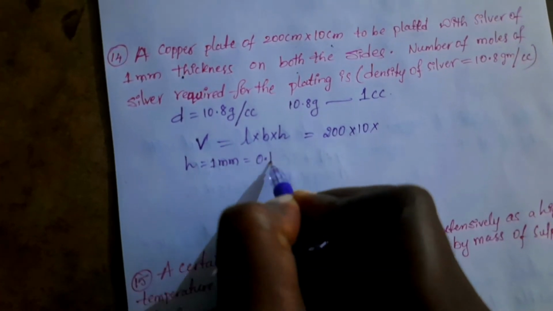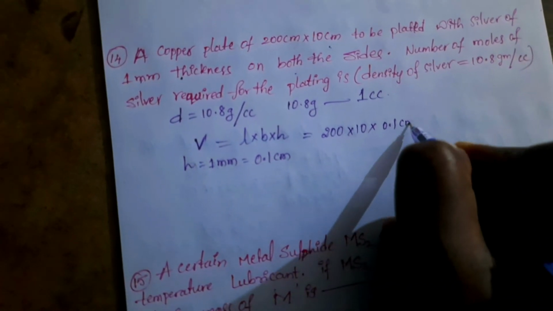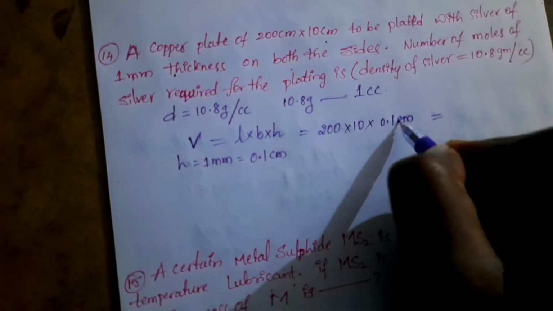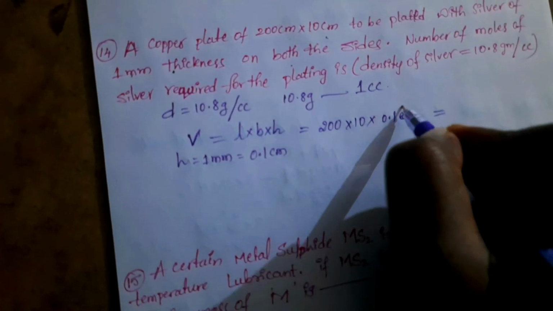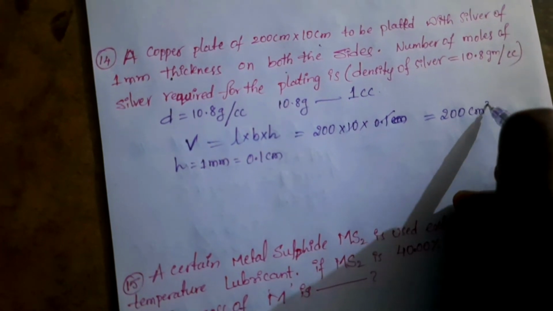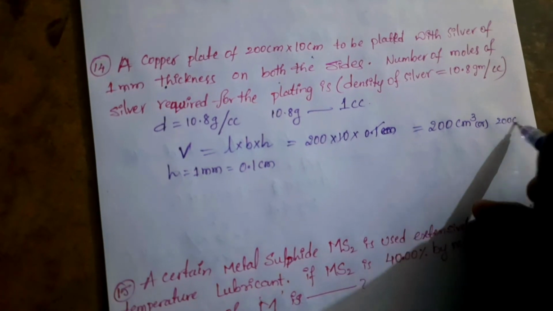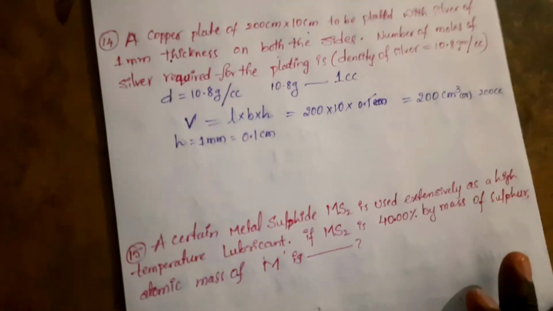That is nothing but 0.1 centimeter. If you multiply, these two will be cancelled, then you are going to get 200 centimeter cube. It is also written as 200 cc. Okay, so that is the volume.